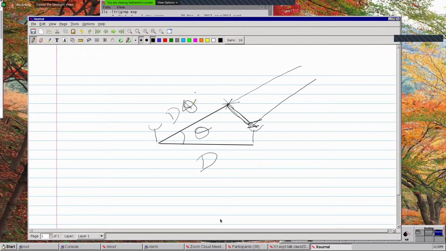Sorry, this theta should not be defined from here. Theta is actually defined from the other direction. So this is 90 minus theta, then this will go to theta.